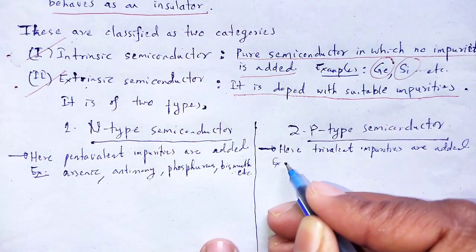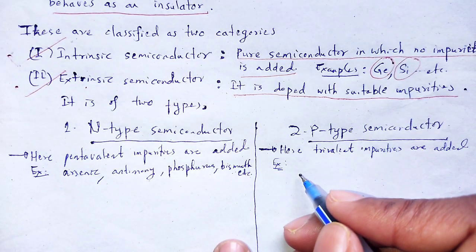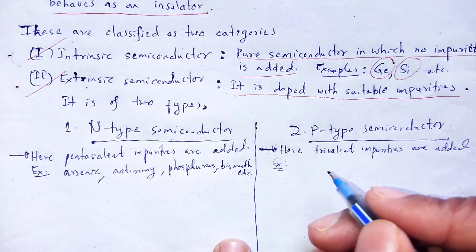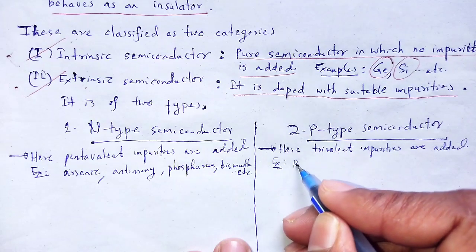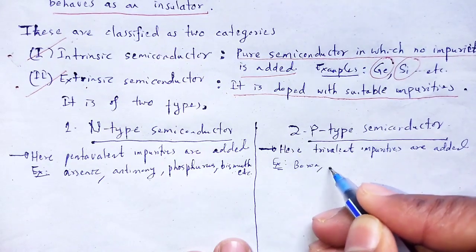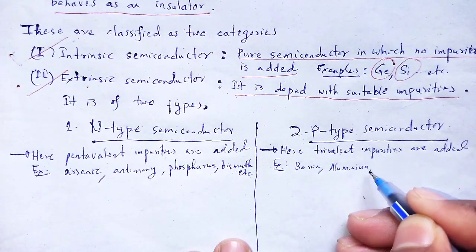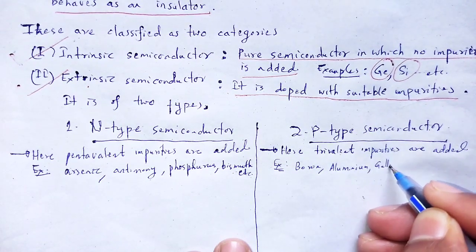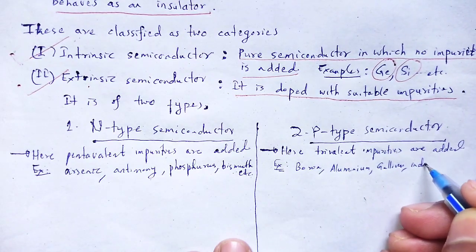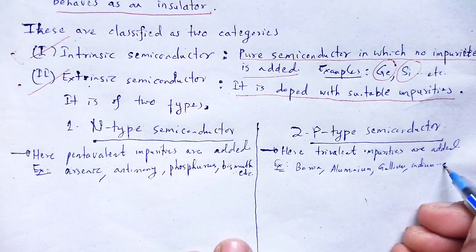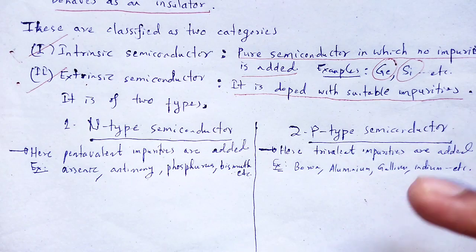Examples of trivalent impurities: boron, aluminium, gallium, indium, etc. are used as trivalent impurities in the case of a P-type semiconductor.